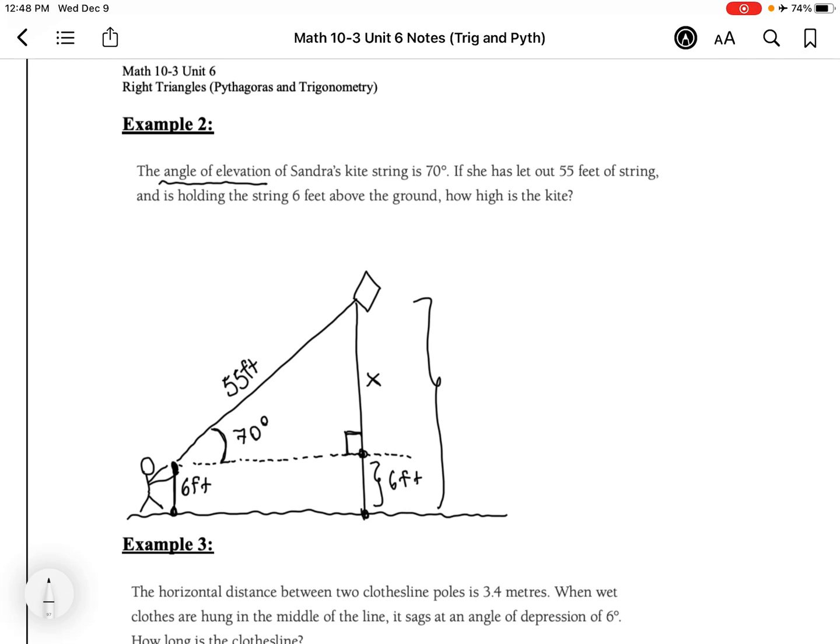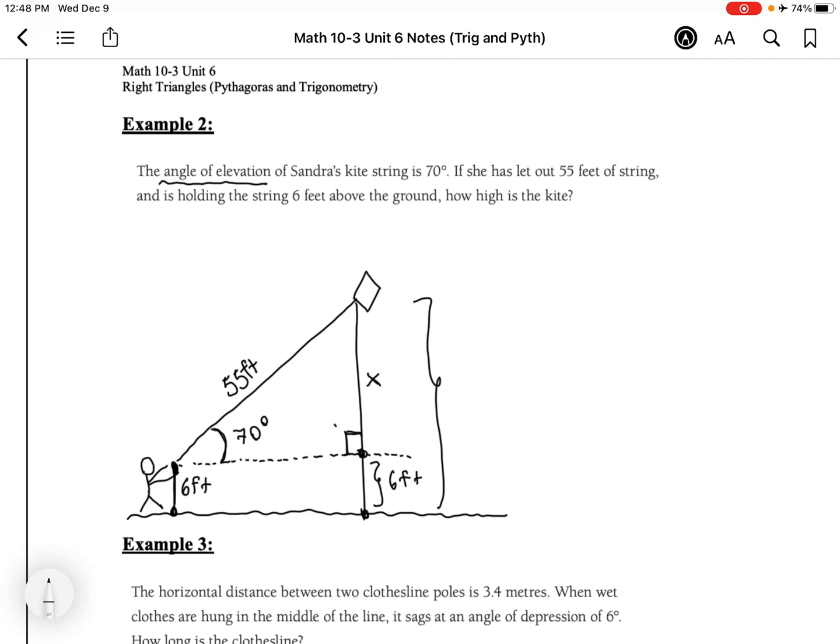Now, when we're trying to find the value of x, this is just like finding a side length in any right triangle. So where do we start? We start by labeling our sides. I'm going to use this angle of 70 degrees to do my labeling, because if I'm trying to find a side length, I've got to use an angle that I know. Firstly, here's my right angle.